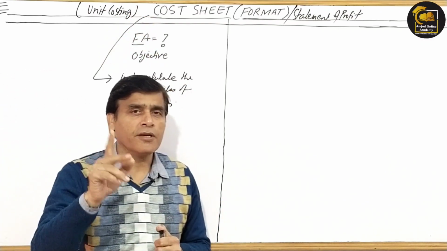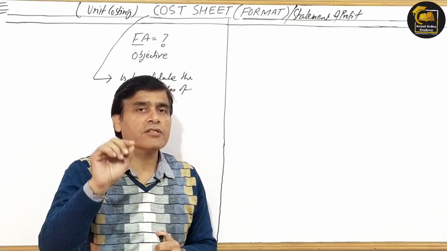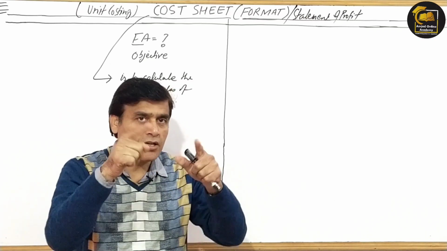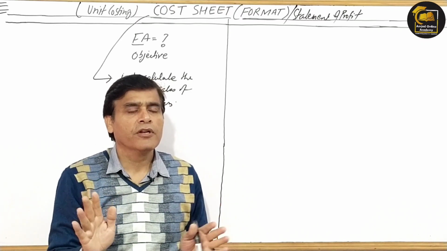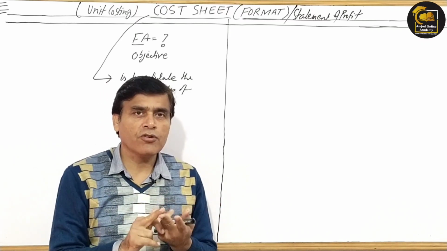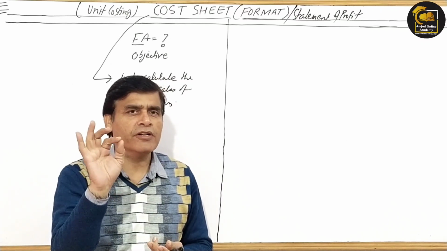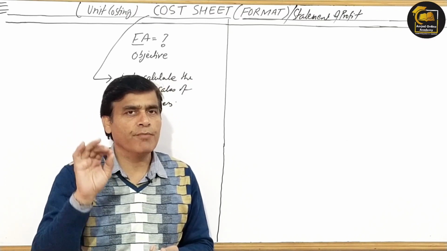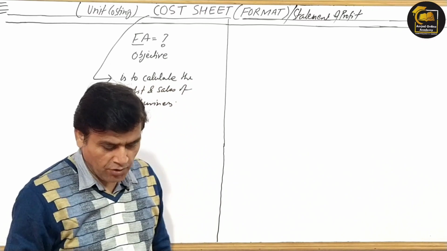In some books, the title of the cost sheet is given as unit costing, so if you see the title of unit costing, you will see the cost sheet preparation under it. It is the same, so don't be confused. Both things are the same, but the cost sheet is prepared under the unit costing method of management accounting. All right, so we start with the format.